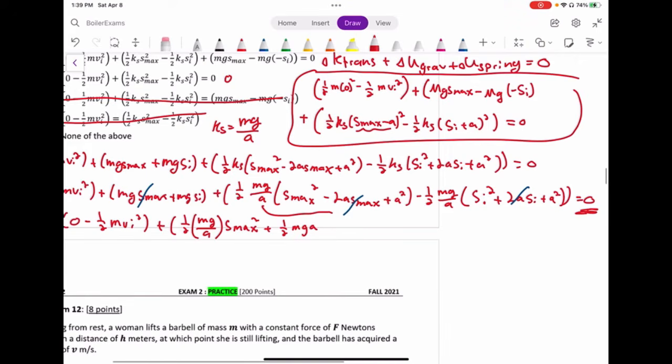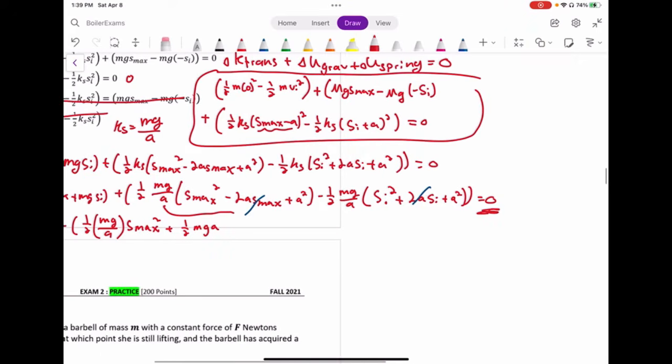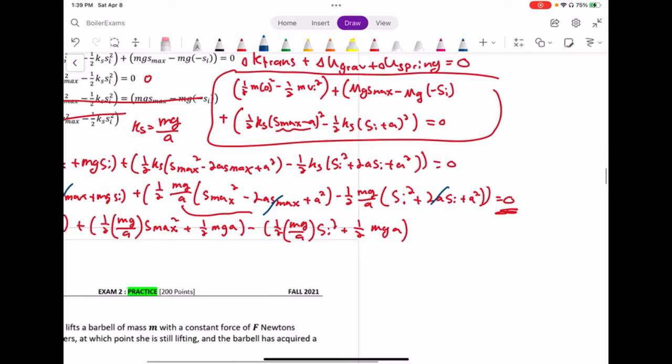Then minus half mg over a si squared plus half mga. Okay, there we go.